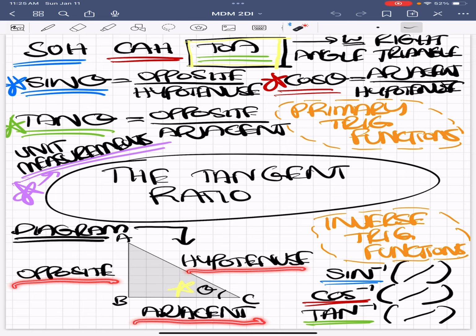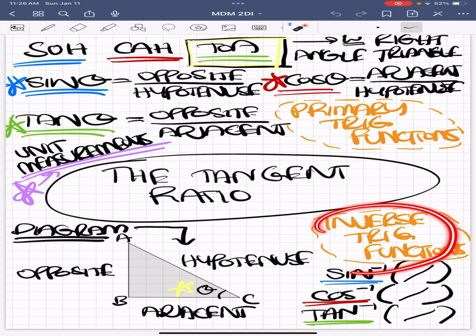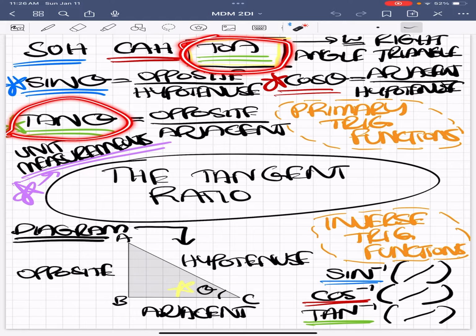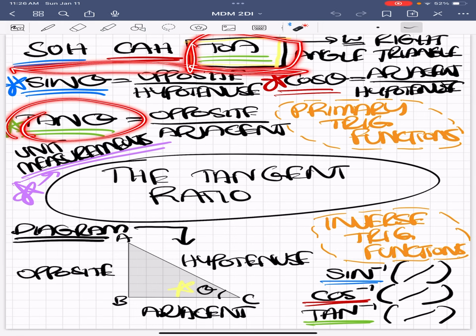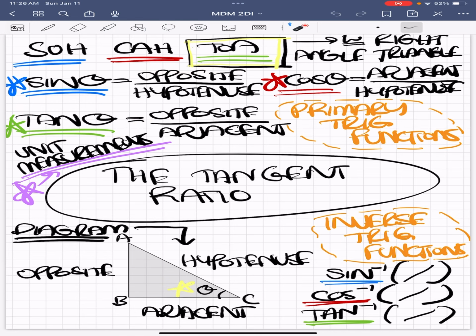We also have inverse trig functions. You can find these buttons on your calculator, and they help us get the value of an angle. Today we're going to be focusing on the tangent ratio, tan theta, or TOA in that phrase SOHCAHTOA. Alright, thank you very much, and let's begin.